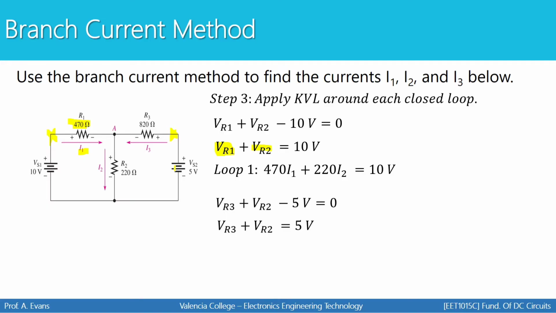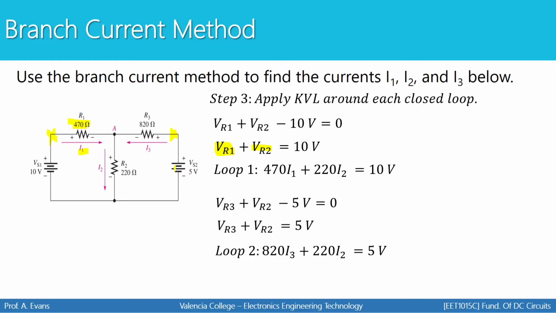Here I'm going to do the same thing as before. I'm going to replace VR3 and VR2 with their Ohm's law equivalents. So VR3 is 820 times I3. VR2 is 220 times I2. This is my second equation.